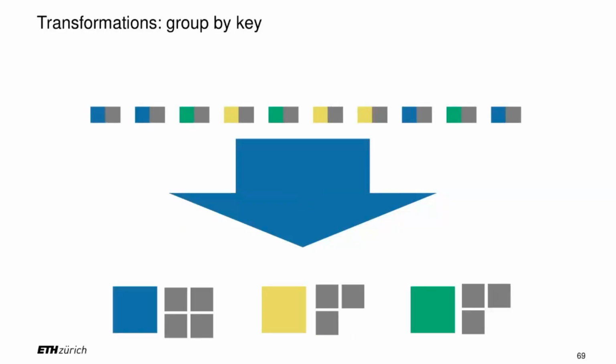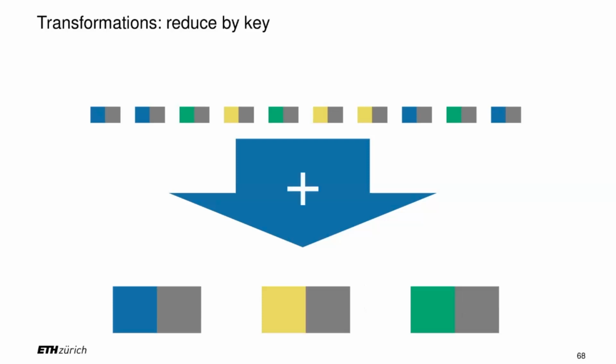Here's another one called group. Oh, yes, is there a question? Yeah, there's a question from the Zoom. One student asks, what will happen to the values of the keys in a reduce by key? And will they get added? So the keys actually are unmodified. Let me explain why.